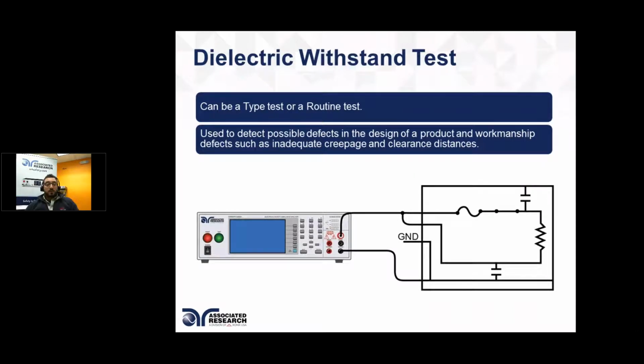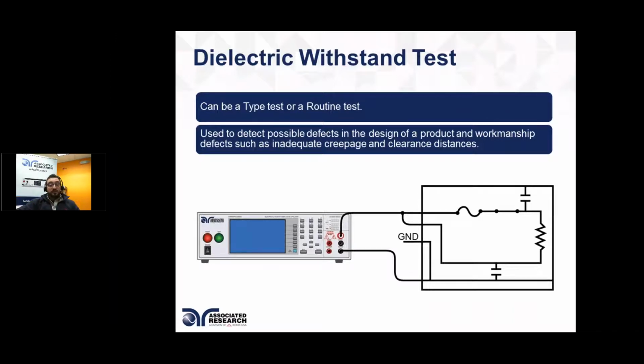And the image on this slide is basically showing the circuit of the HiPot test. How does it look, and what's really going on internally? As you can see on the left side, we have the safety compliance analyzer, Omnia 2 by Associated Research, and on the right side we have the device under test, which is basically a class 1 product that we're trying to show here.